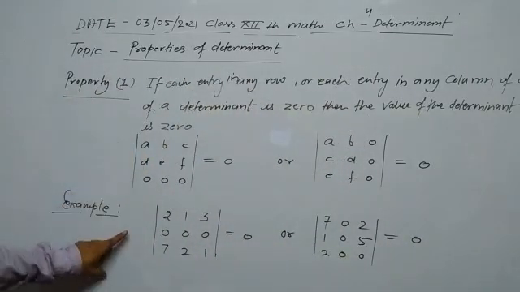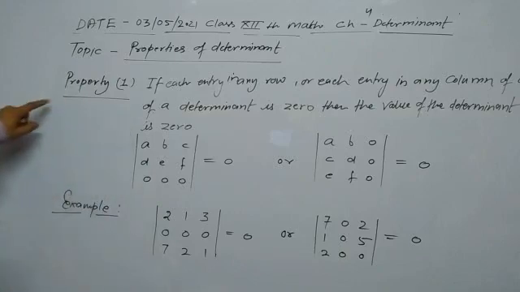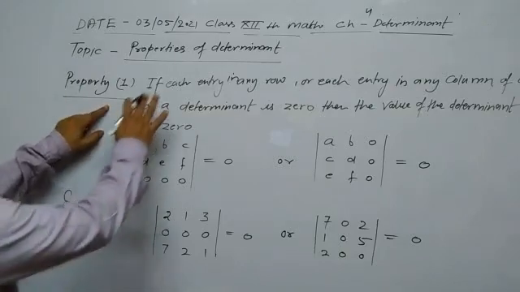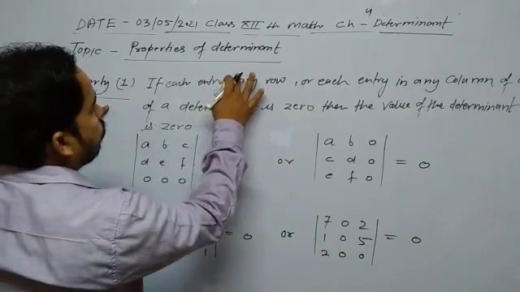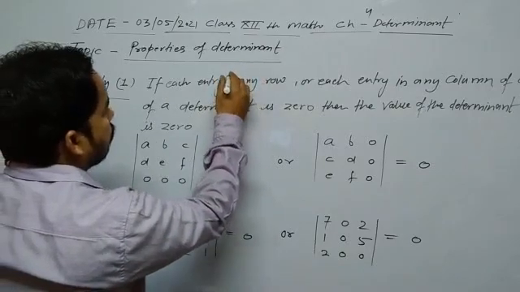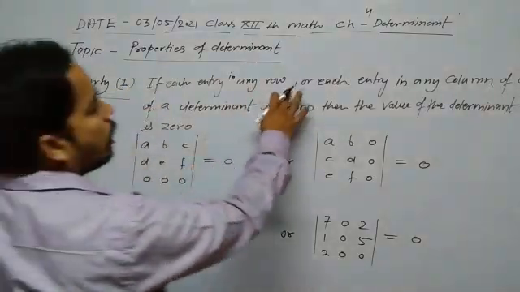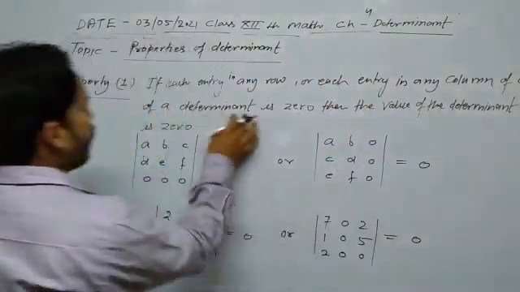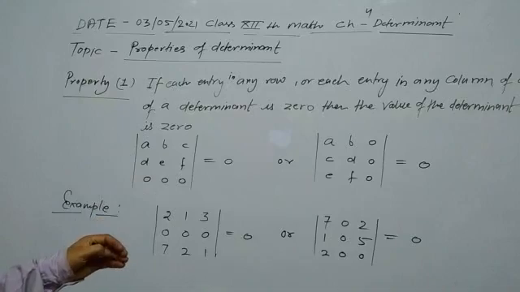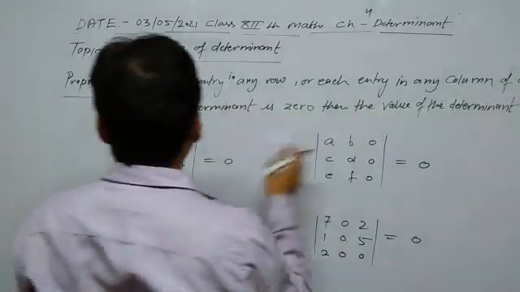So this is the example related to this property. If each entry in any row or each entry in any column of a determinant is 0, then the value of the determinant is 0.